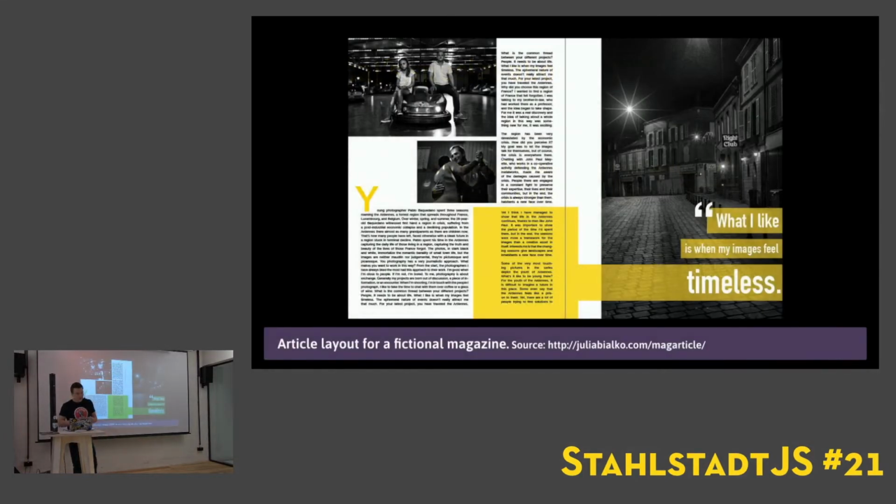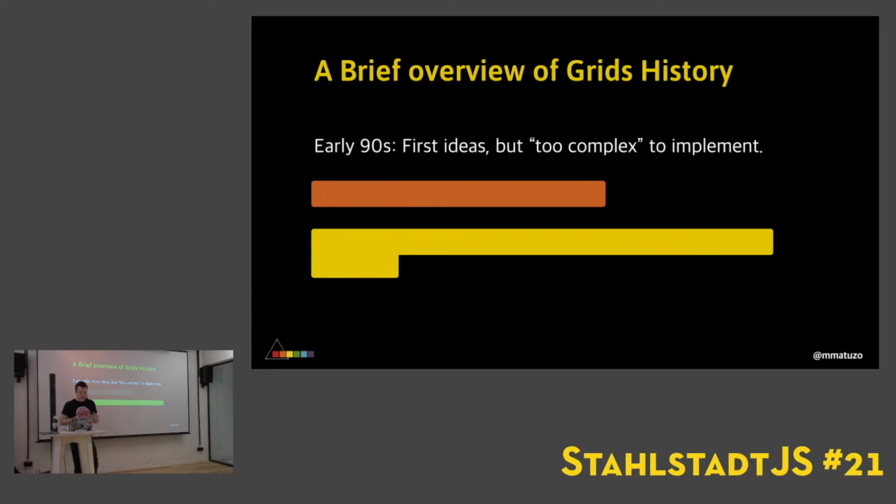The inventors of CSS, or the people behind CSS, wanted to implement grids, not CSS Grid Layout, but Grid in general, in CSS very early on, because they were inspired by what designers were doing in magazines and in books. So they wanted to bring that to the web as well. In the early 90s, they had the first ideas for Grid in the web or in CSS, but it was just too complex to implement.